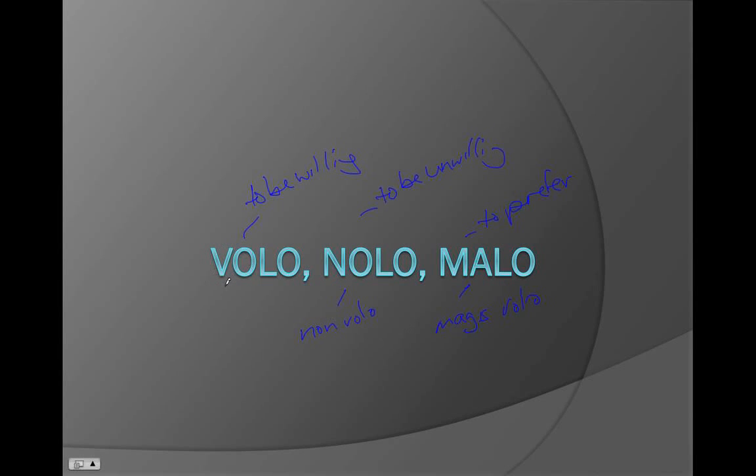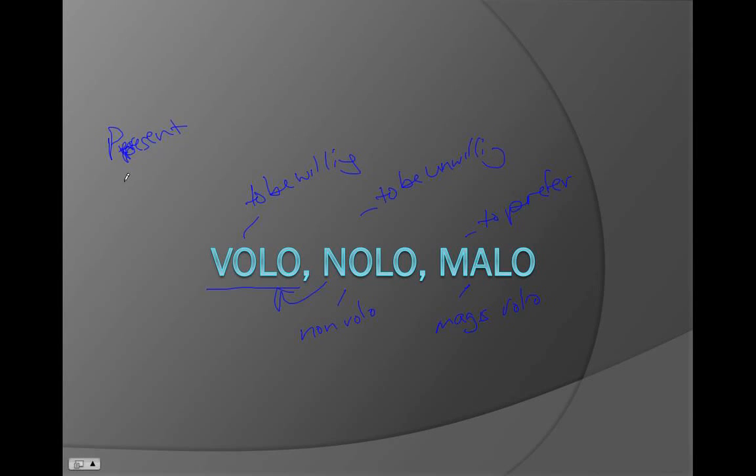These are all introduced at the same time because nolo and malo are compounds of volo. So if you know how to conjugate volo, you'll have some idea how to work with nolo and malo. The good news about the irregularity of these verbs is that they're only irregular in the present tense, present indicative and subjunctive.